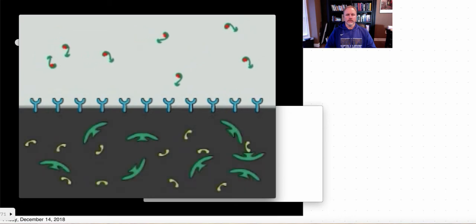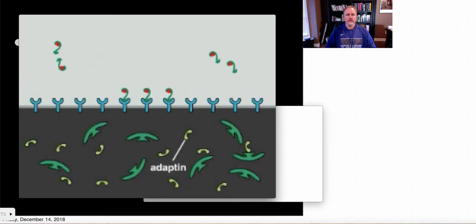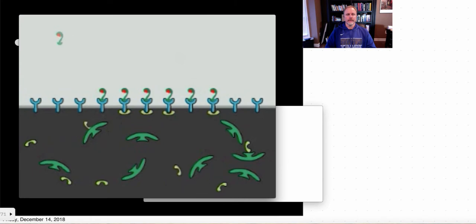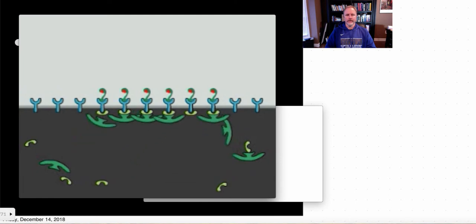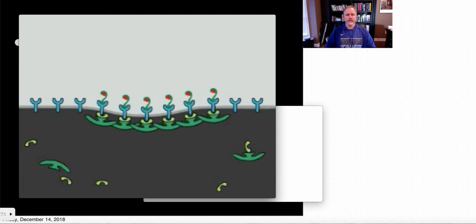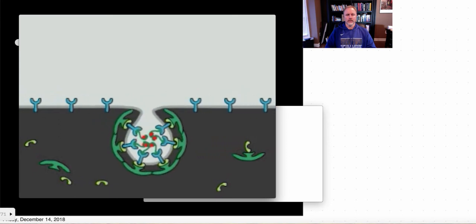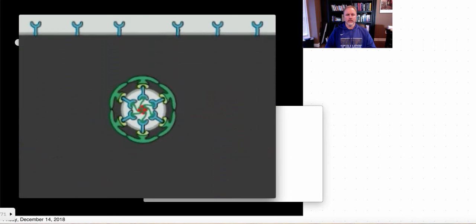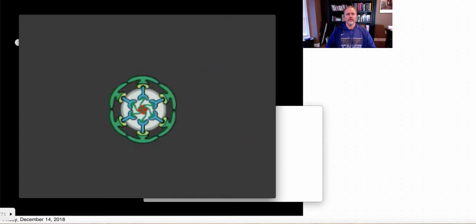An adaptor molecule, called adaptin, binds to the tail of the LDL receptor that protrudes into the cytosol. Adaptin recruits clathrin molecules, which start coating the membrane. Assembly of the clathrin coat causes the membrane to bend and invaginate, forming a vesicle that buds off inside the cell, taking with it LDL receptors and the LDL particles bound to them.